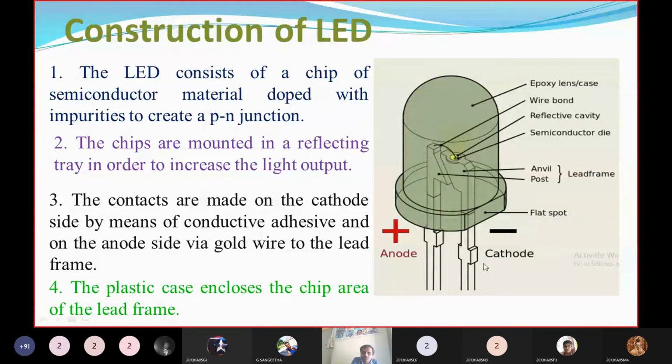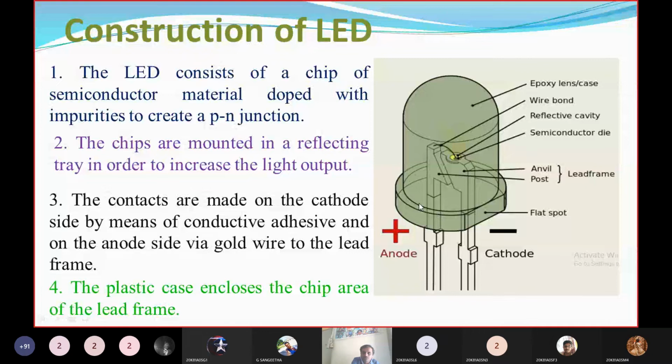Now, the plastic case encloses the chip area of the lead frame. This total lead frame, we can enclose using some plastic.